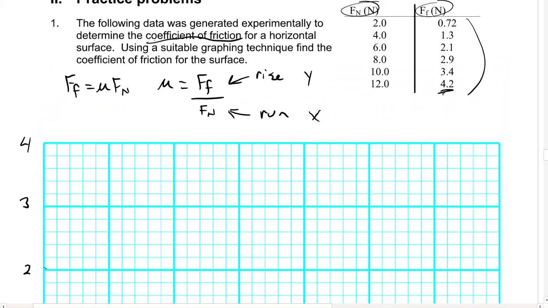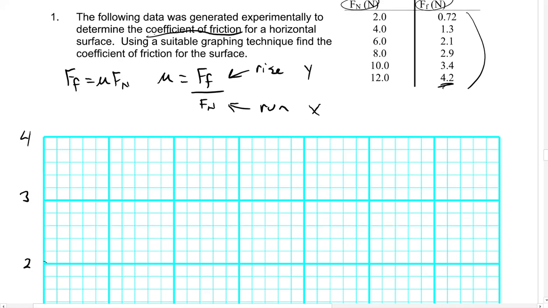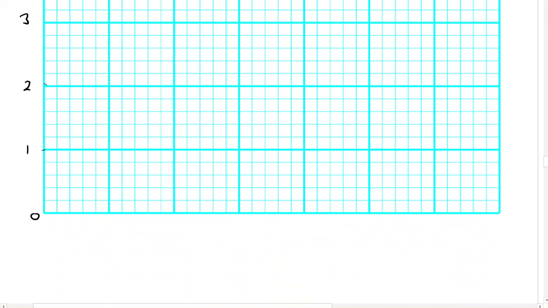Okay. And then Fn needs to go from 0 to 12. On the bottom here, I've got 1, 2, 3, 4, 5, 6, 7. I think if I go up by 2 for each one of those big ticks, I should be good. Actually, I will be good. So we'll go 2, 4, 6, 8, 10, 12.